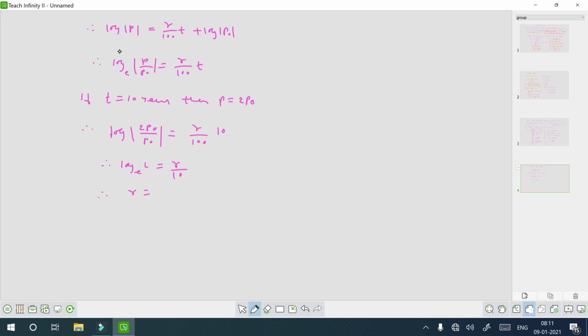So r is equal to 10 into log 2 base e. The value of log 2 base e is given to us as 0.6931. So ultimately it comes out 6.931, that means nearly equal to 6.93%. Clear?